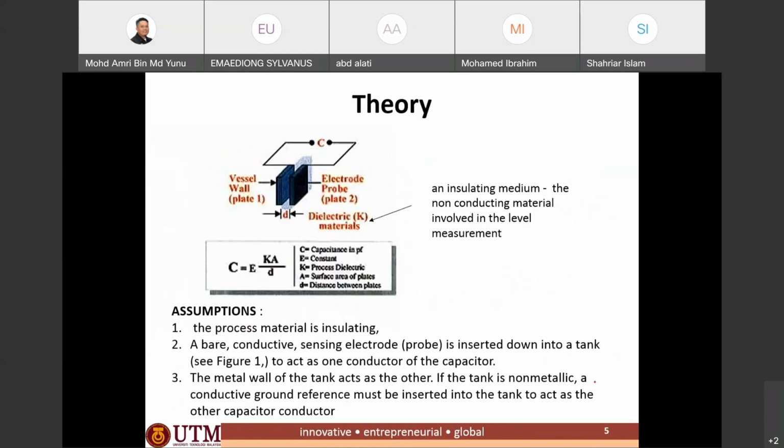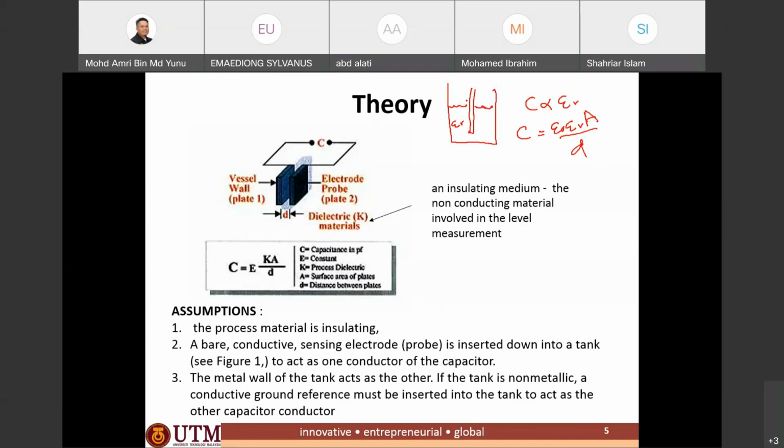The concept is based on the capacitance measured between the electrode and the vessel body, where the capacitance is proportional to the insulating material, and can be written as epsilon naught epsilon r A over D. Epsilon r is the relative permittivity, epsilon naught is the constant, and A is the surface area of the plates.